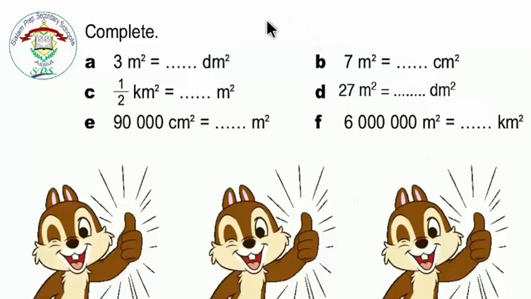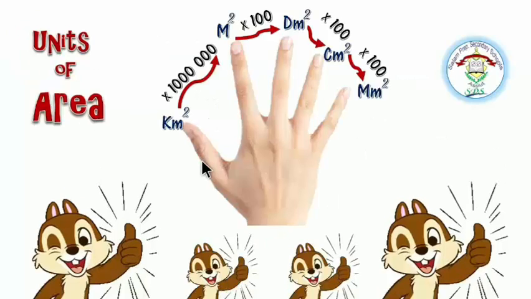Take care. All of these units are units of area because there is a square in each unit. Please don't forget units of area. Put units of area on your fingers to make the conversion easy.